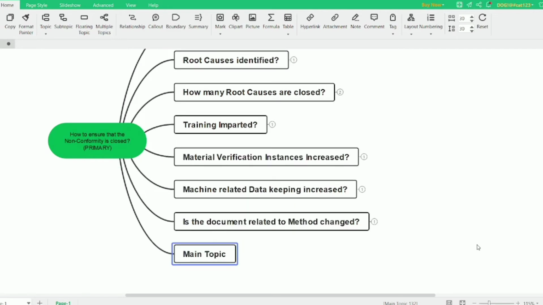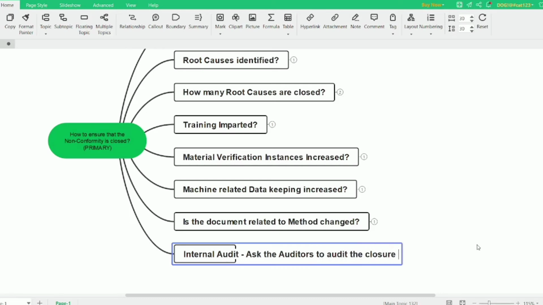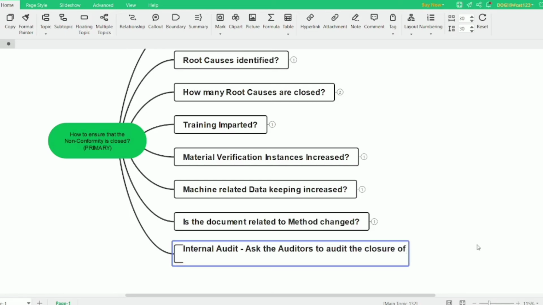And the last part is in the internal audit: ask the auditors to audit the closure of that NC.